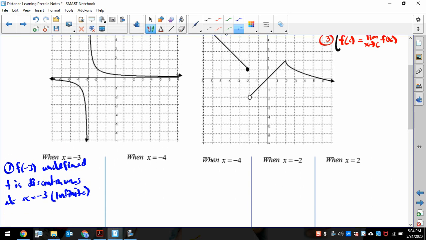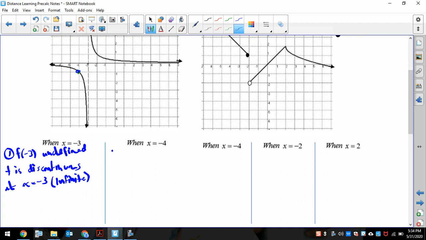At -4, that's right here. Let's do this one in blue as well. We're going to have part 1, f of -4. It looks to be -1. Part 2 is the limit as x goes to -4 of our function. Notice that the left-hand side and the right-hand side appear to connect at the same point.